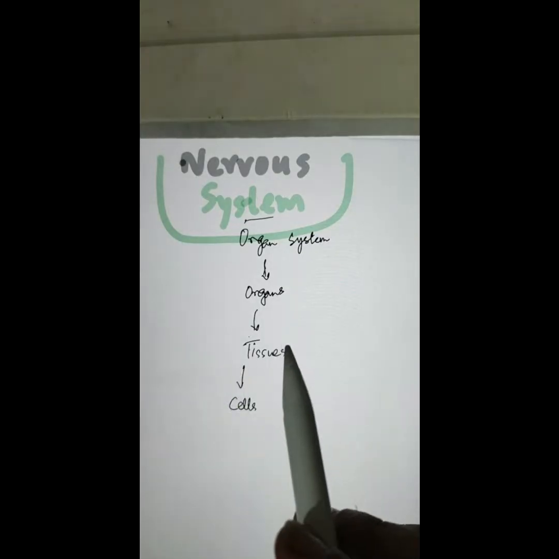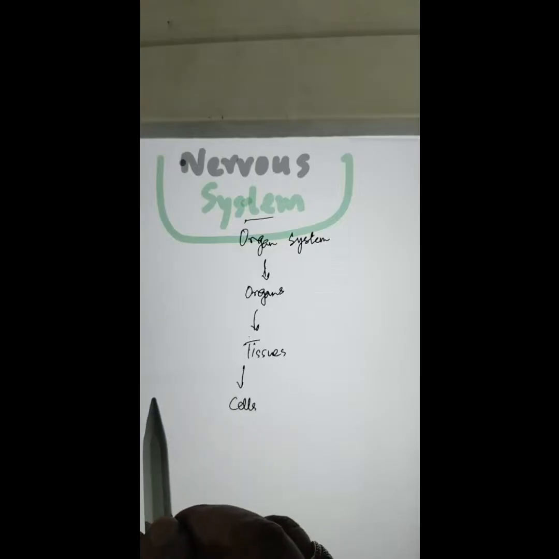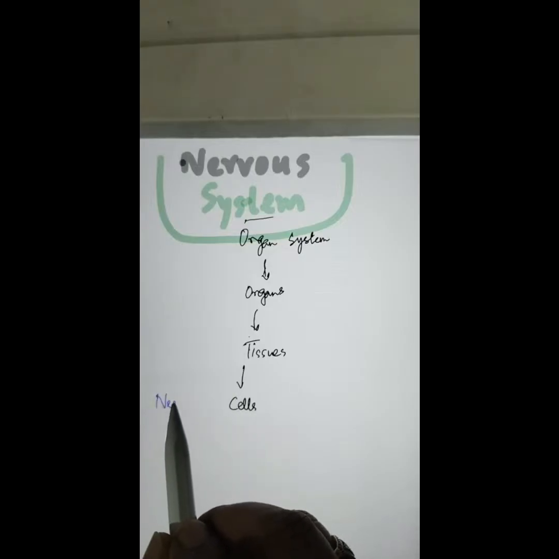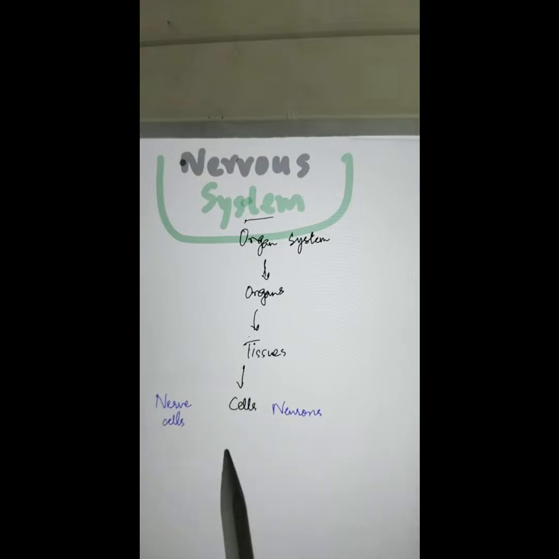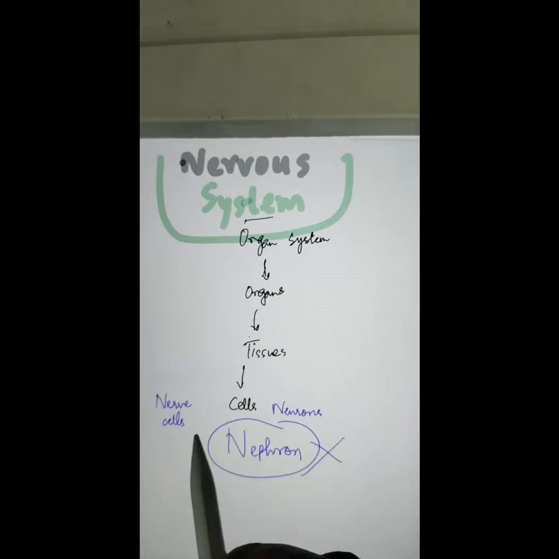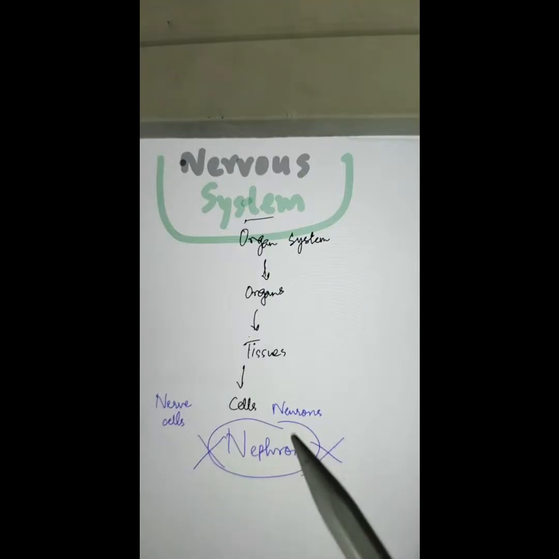Now, if we are talking about the nervous system, the cells will be the nerve cells, and these can also be known as neurons. Please do not get confused with nephron. Nephron should not be a part of the nervous system. Nephron is a structural and functional unit of the excretory system.